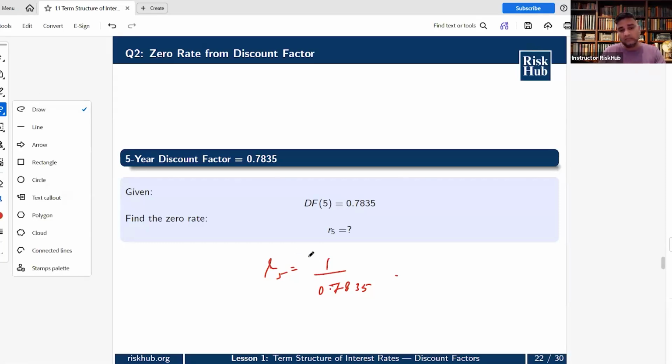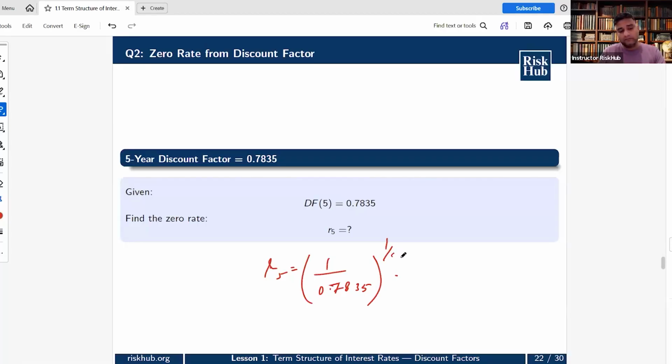This is 1 by 5 minus 1, which is equal to 5%. So that is how this has been given. The 5-year discount factor is 0.7835. DF5 equals 0.7835. R sub 5 equals what? This is what the formula is, right? So straightforward.